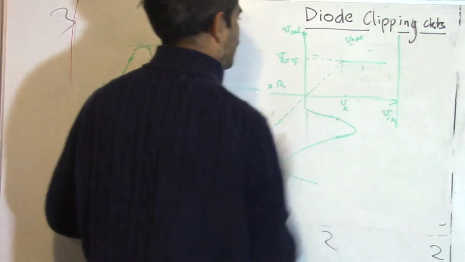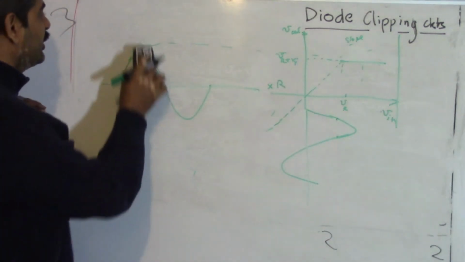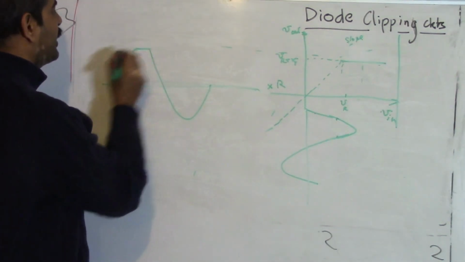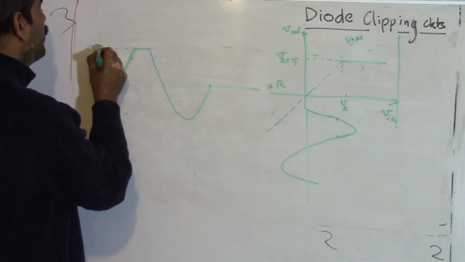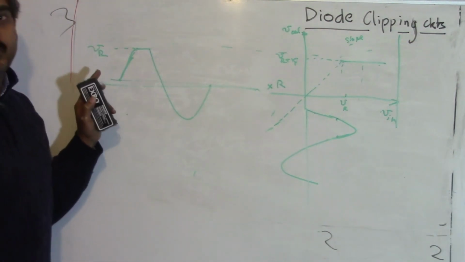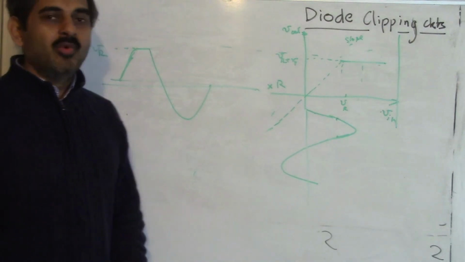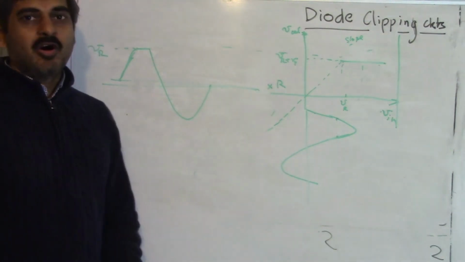In the very beginning, our output voltage simply goes like this and is flat like this, and this voltage will be VR instead of VR plus V gamma. But this whole analysis takes into account a more detailed insight into the diode as well.